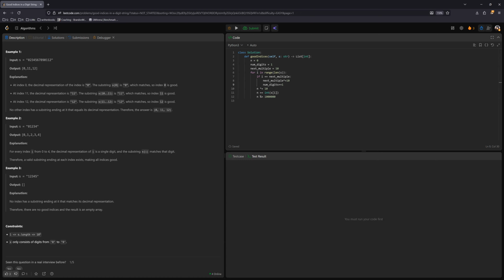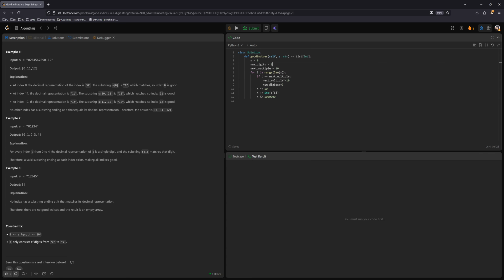Now, is that necessary? That's a good question. Next multiple is 10, right? Which is exactly what we would want to mod it against to get the last one digit.